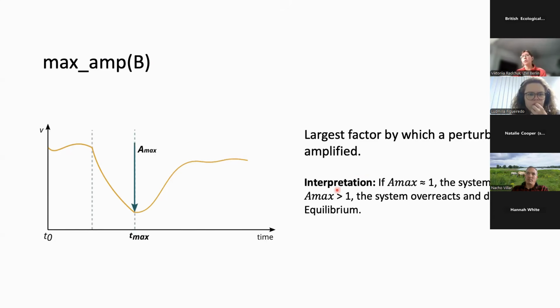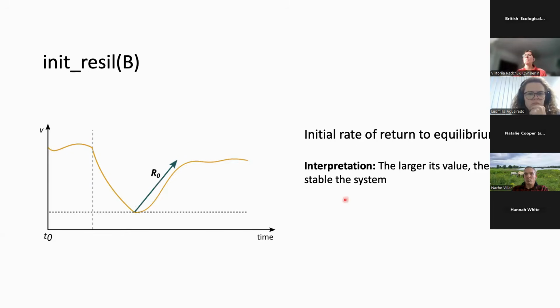The second Jacobian metric we have in E-star is maximal amplification. It's the largest factor by which a perturbation is amplified by the system. If it is close to 0, then the system is stable. And if it's much larger than 0, the larger it is, the more strongly the system departs from equilibrium.